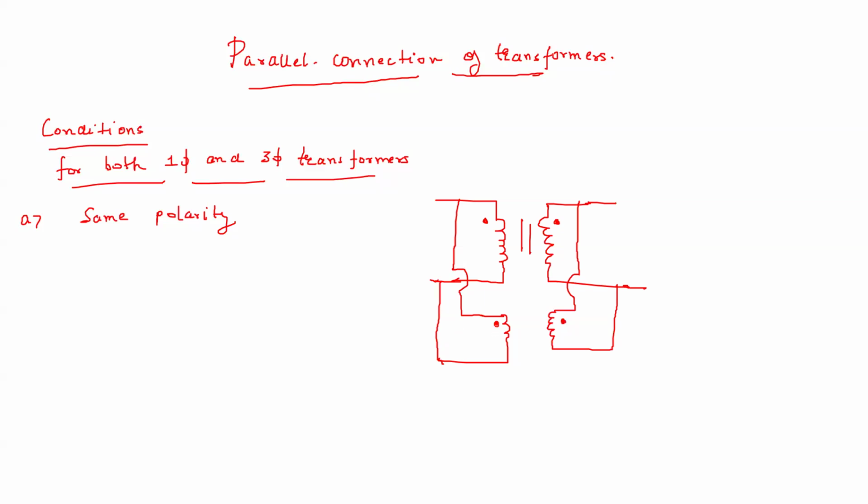But if you connect in the reverse way, then this plus V and this minus V will create a zero voltage across some load. So it will create a short circuit, and a huge current will flow. That is why it is important that the polarity has to be the same. This is a must condition, a very necessary condition.